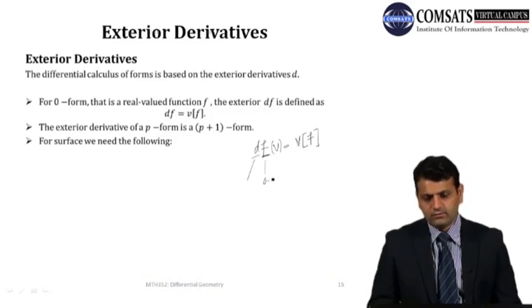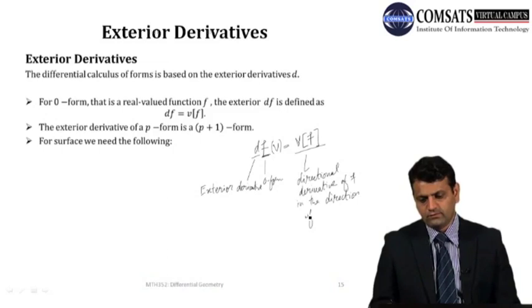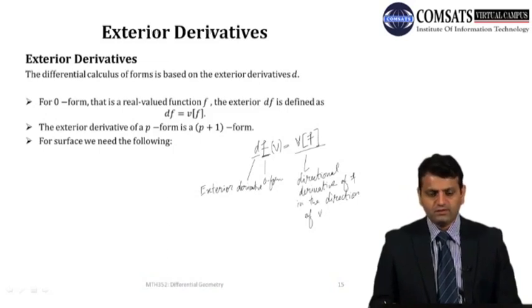So this is the zero form and this is the exterior derivative, and this is the directional derivative of f in the direction of v. So that's how we define the exterior derivative of zero forms.